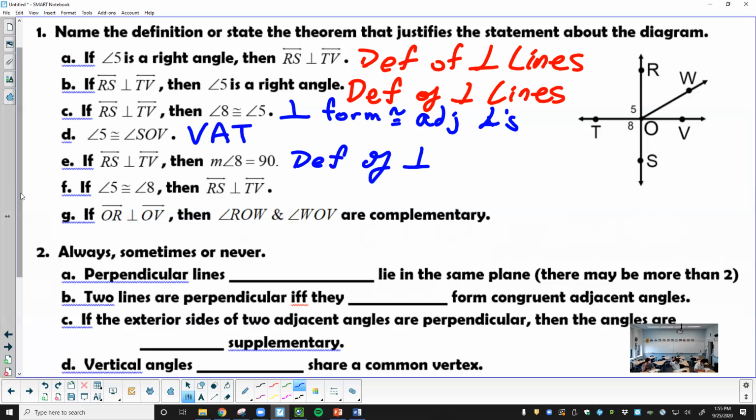But look at the theorems. You have 4 options here: definition and 3 theorems. So which theorem does it fit? We have 2 congruent adjacent angles. What can we conclude? Bingo. If two lines form congruent adjacent angles, then they are perpendicular.